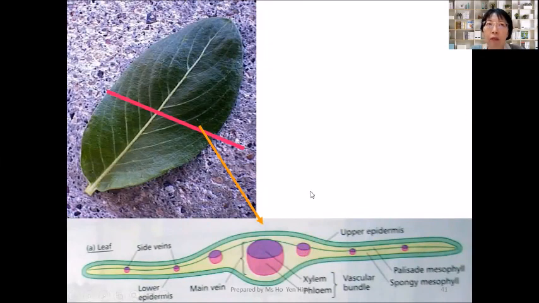The most important photosynthetic cell in the leaf is the palisade mesophyll cell, which is always at the upper layer of the leaf, below the upper epidermis. So the water must be easily accessible. So xylem on top, phloem at the bottom. This you have to remember. So with that, you have learned the distribution of xylem and phloem in the root, stem and leaf. That's all for today.